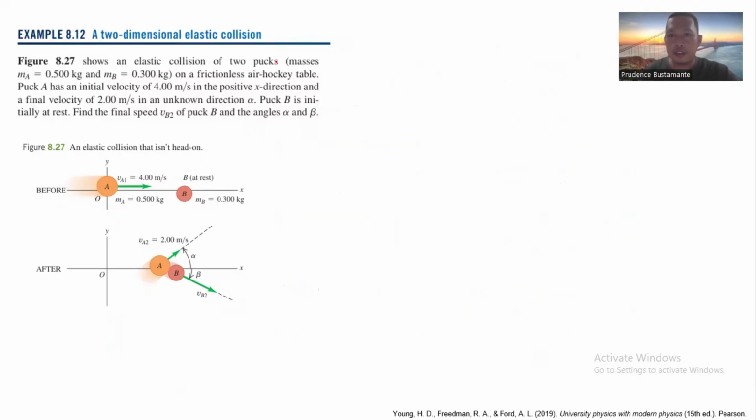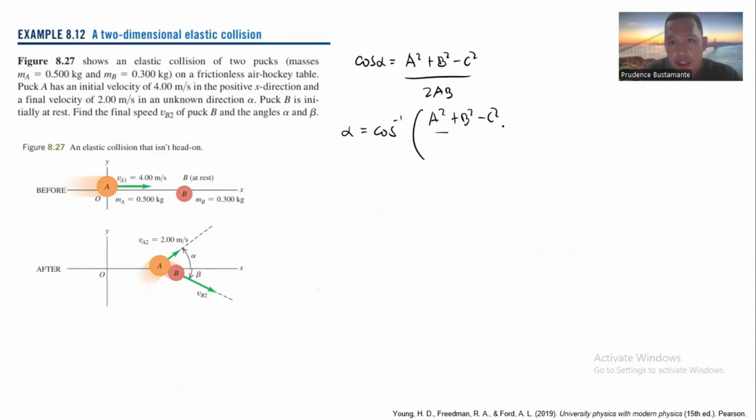Okay, so what do we have so far? We have derived that cosine of alpha is equal to A squared plus B squared minus C squared over 2AB. So if we want to get alpha, it is equal to the inverse cosine of A squared plus B squared minus C squared over 2AB. So what is A?